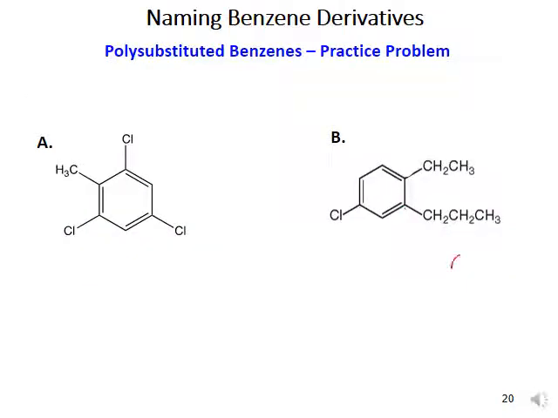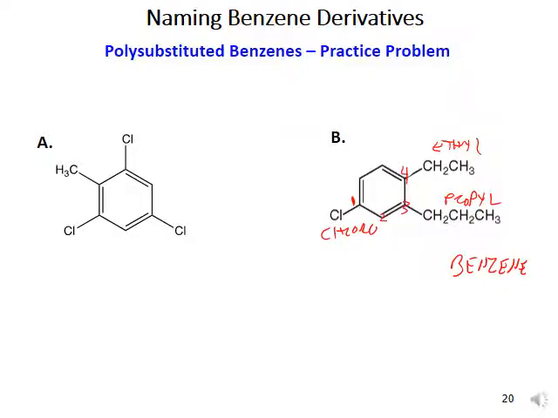Sorry about that. Benzene is the parent. Okay, so this is ethyl, this is propyl, and this is chloro. We're clearly going to put the 1 on the chloro, and I think it's obvious that we're going to count like this.